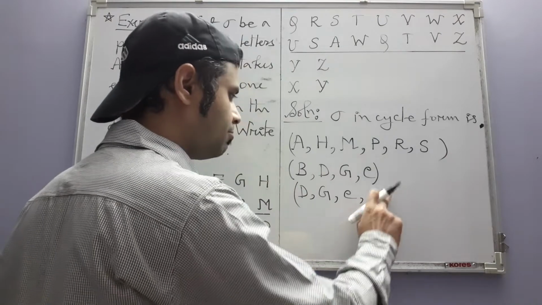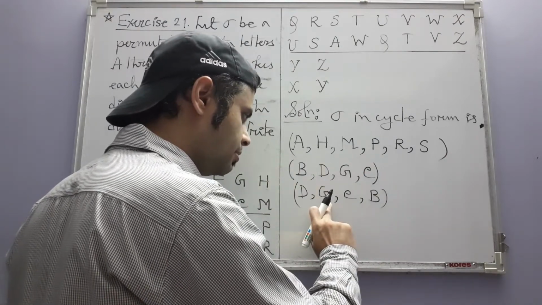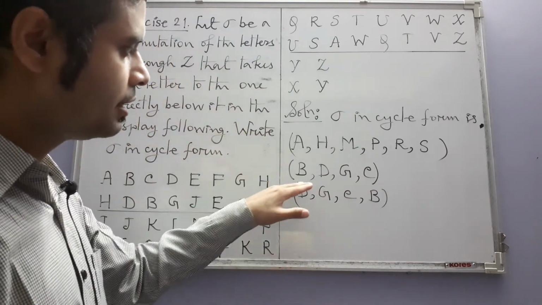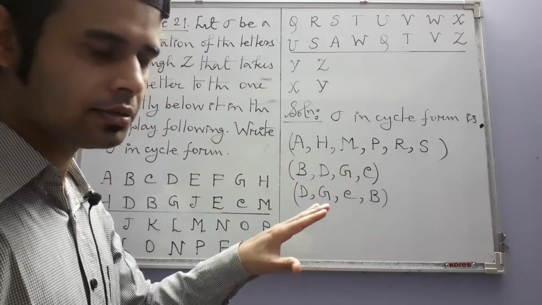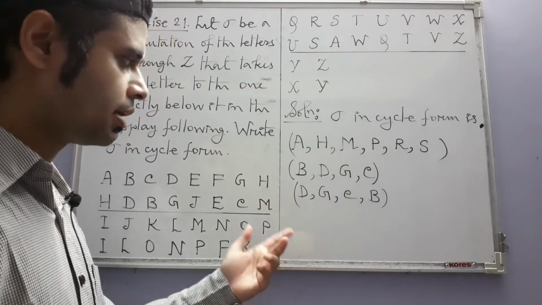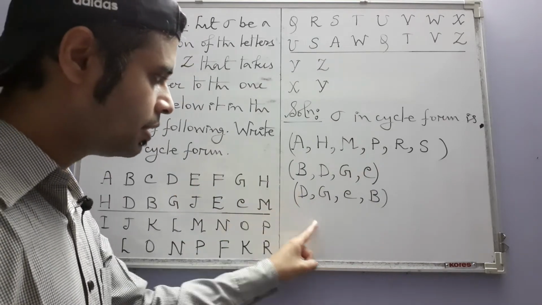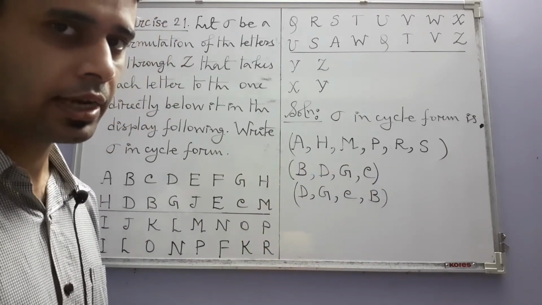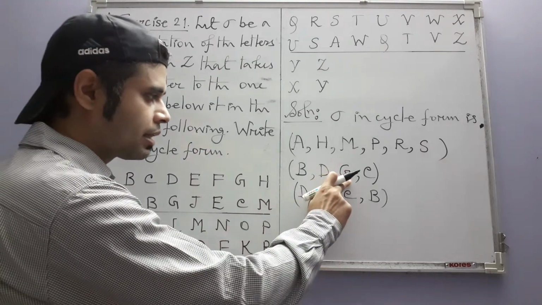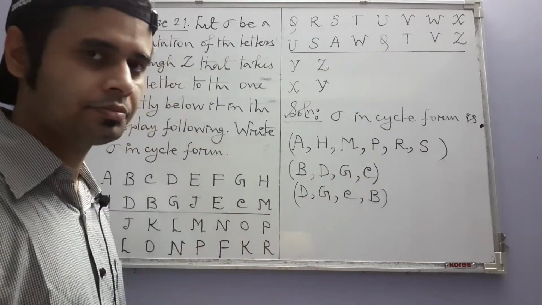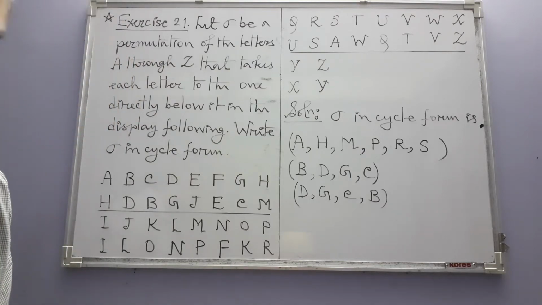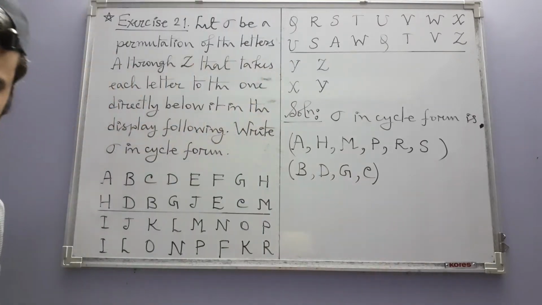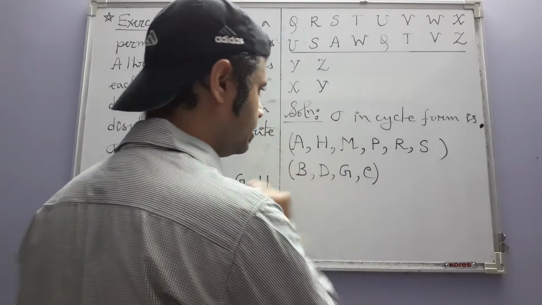Here also image of B is D, image of D is G, that of G is C, and that of C is B. So you can in fact write a single cycle in many different manners, but you have to keep the cyclic arrangement the same. You cannot change that cyclic arrangement. You can in fact start with G or with C. Okay, so A, B, C, D.